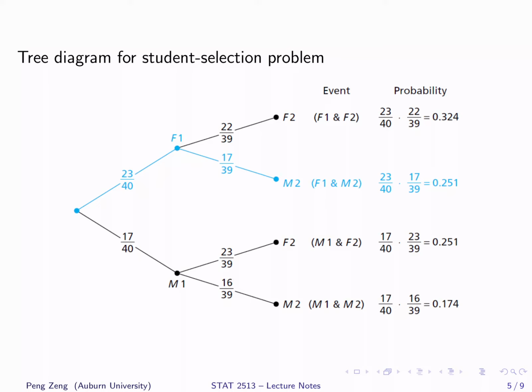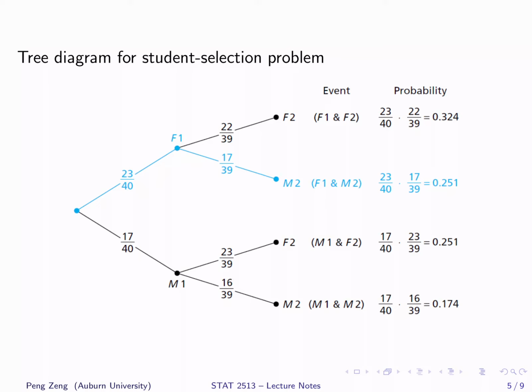After one student is selected, there are 39 students left. If the first student selected is a female, there are 22 females and 17 males left. Then the conditional probability of the second student selected being a female is 22 over 39, and the conditional probability of the second student selected being a male is 17 over 39.